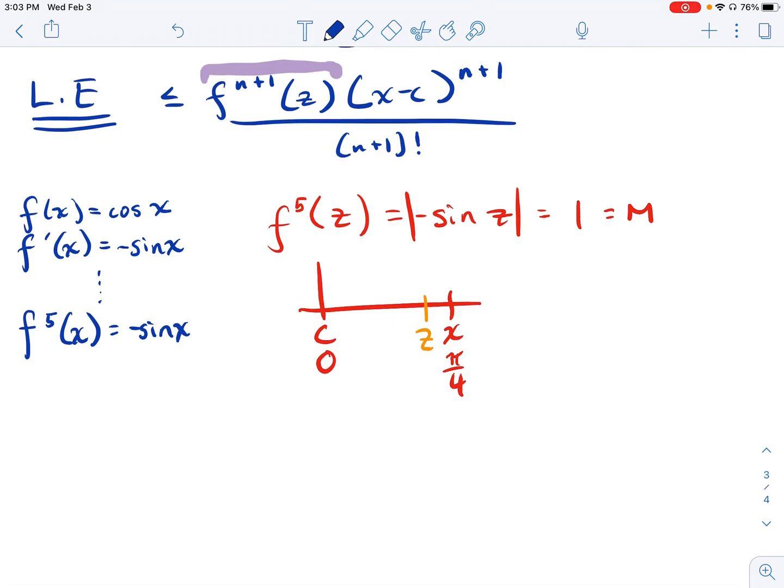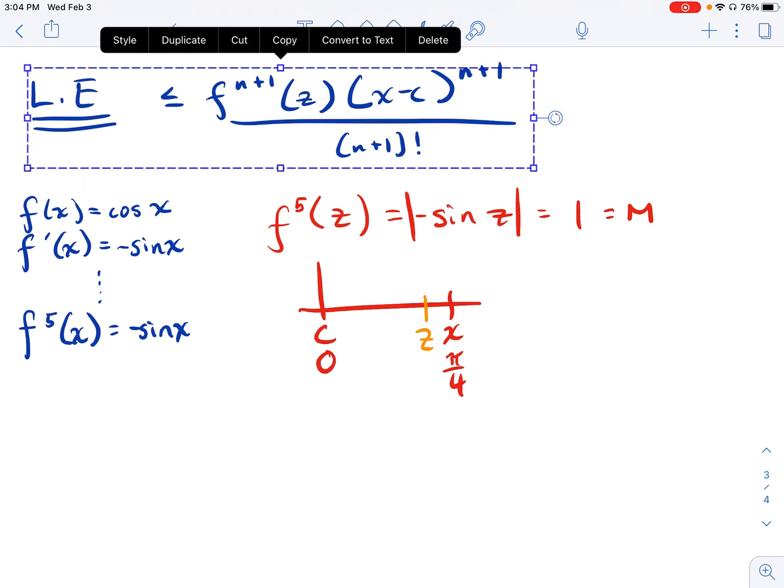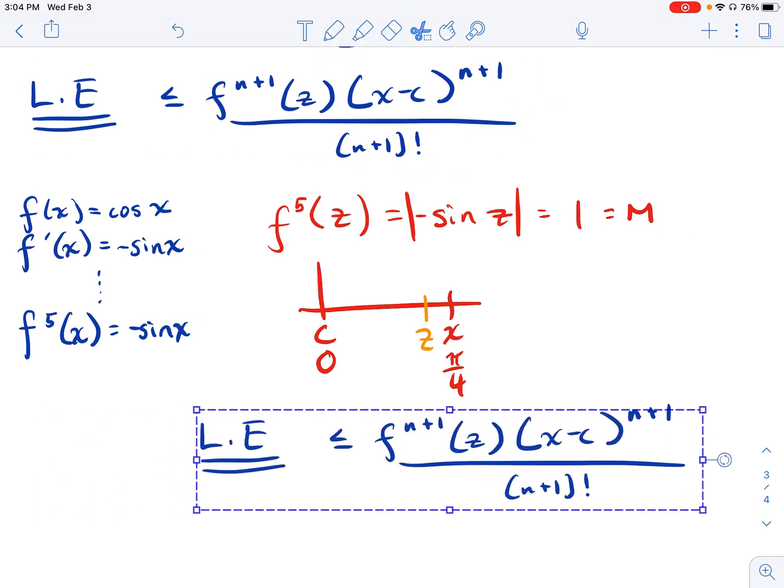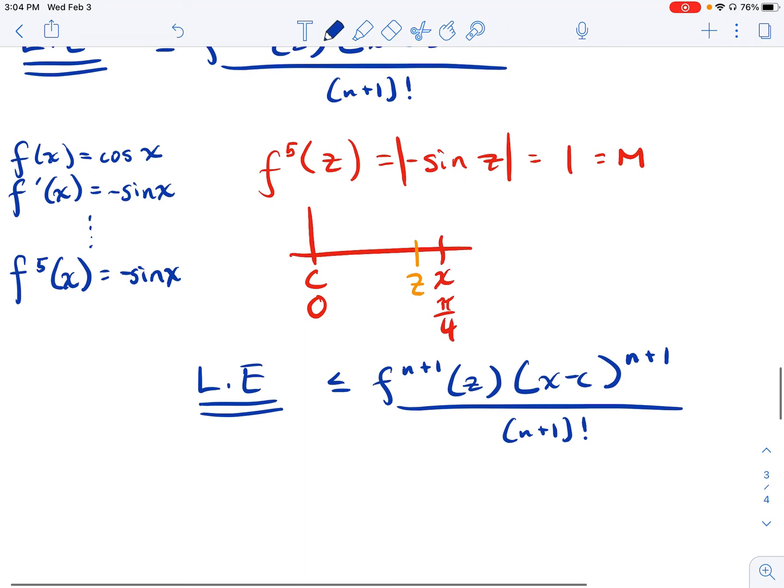So our Lagrange error, and let me just go ahead and bring this down because we're going to use this. Okay, so our Lagrange error here, we can say the following. It is less than or equal to this fifth order derivative evaluated at z. I don't know what z is, but I know the largest possible output of this fifth order derivative is 1. We know that our x value is pi over 4.